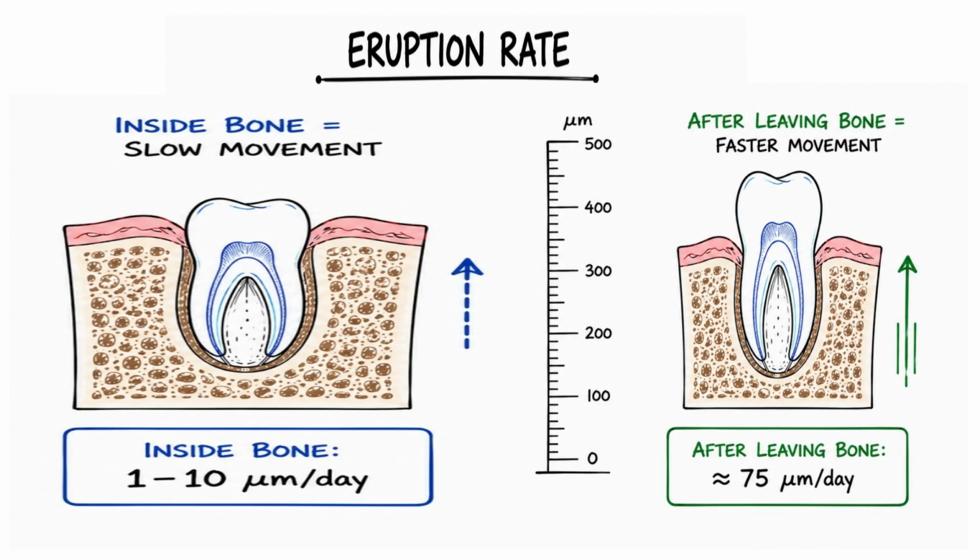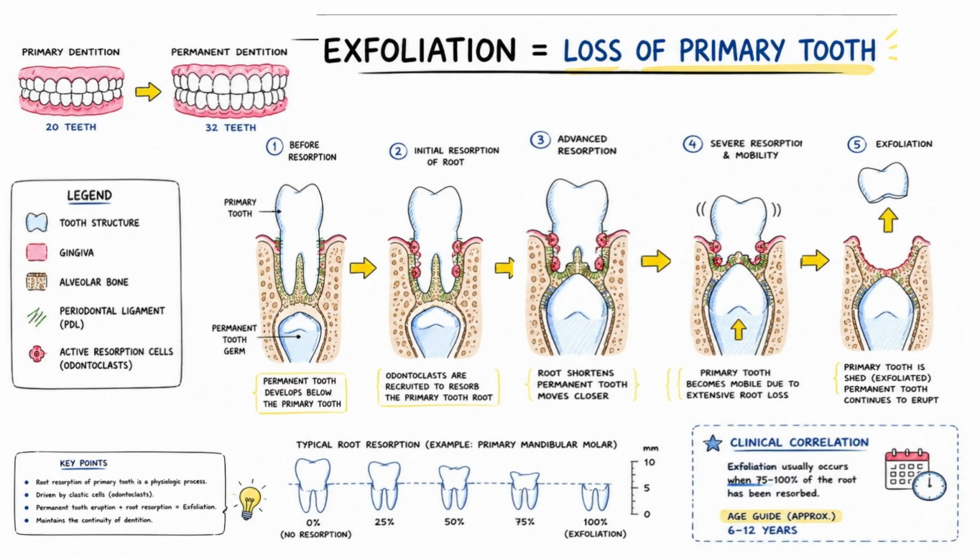until it reaches occlusion. As the permanent tooth develops beneath the primary tooth, the body begins preparing for the transition from the primary dentition to the permanent dentition. This process is called exfoliation, which simply means the natural shedding or loss of a primary tooth. The key event behind exfoliation is root resorption. Specialized cells called odontoclasts gradually dissolve the roots of the primary tooth. As more of the root is resorbed, the tooth loses its support and becomes loose.